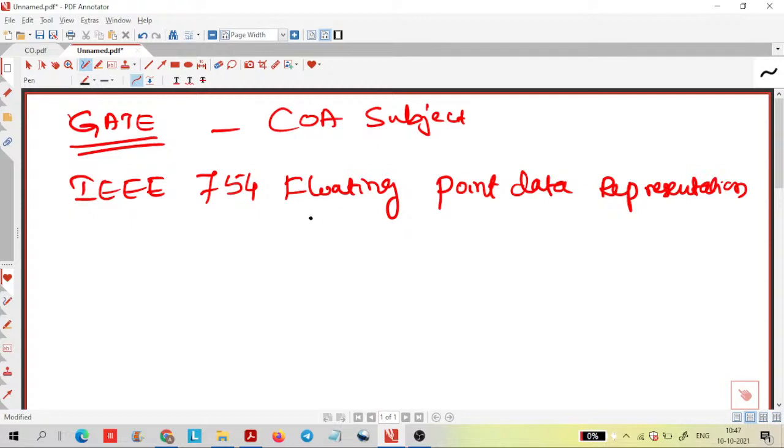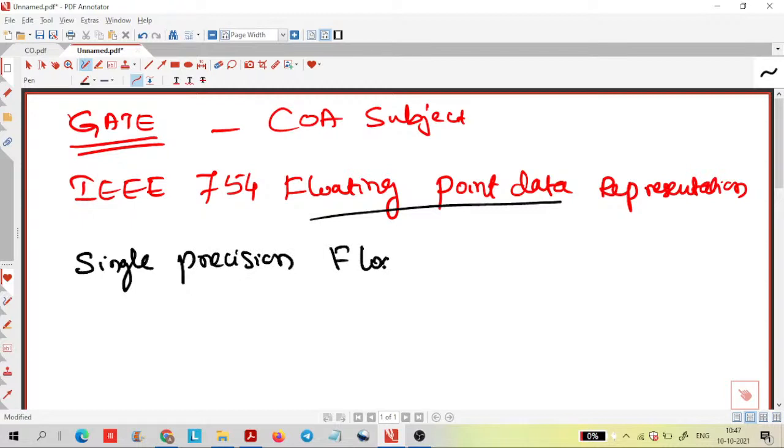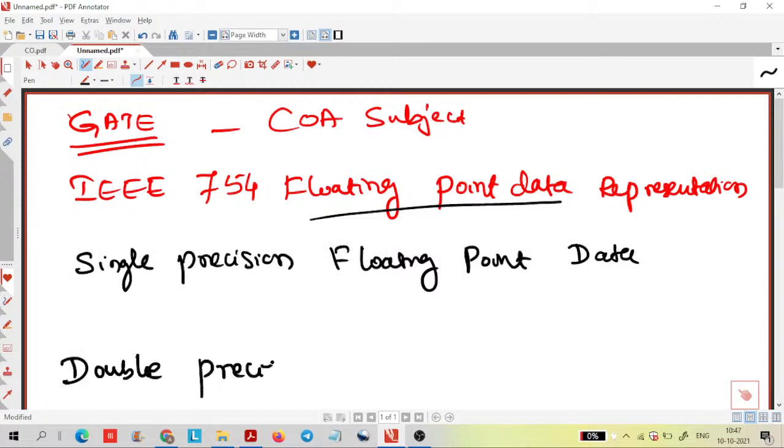In floating point data representation there are two types. One is single precision floating point data representation, and another is double precision floating point data representation.